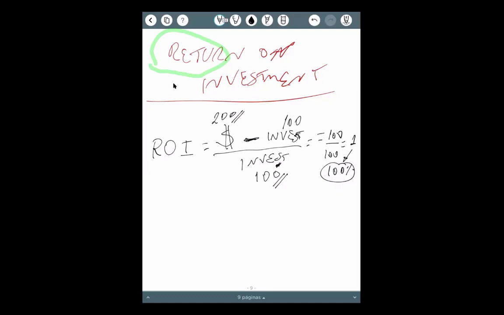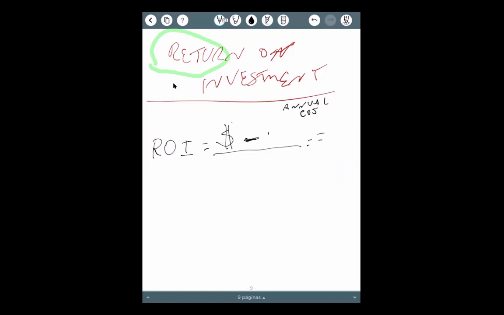So when we talk about a PMO, it will be like this. We have the annual cost of the PMO.